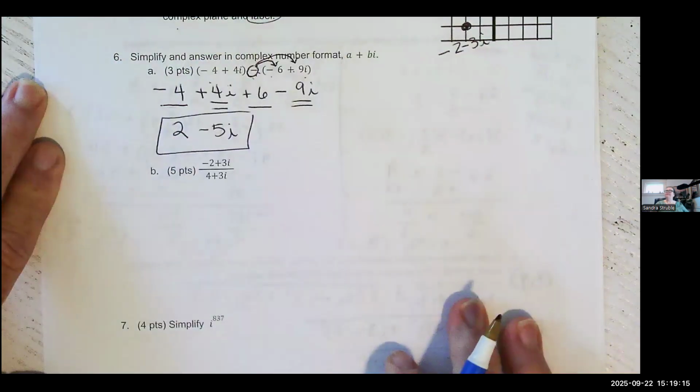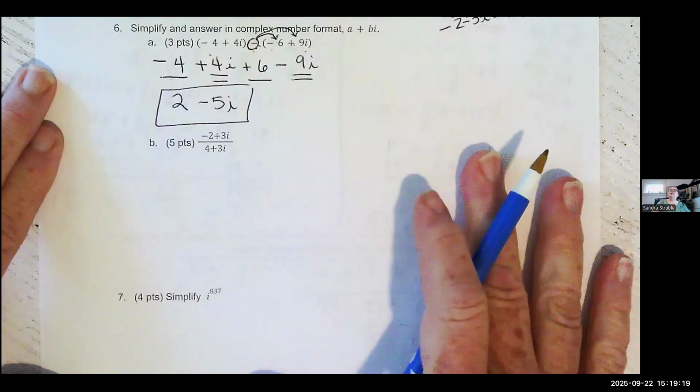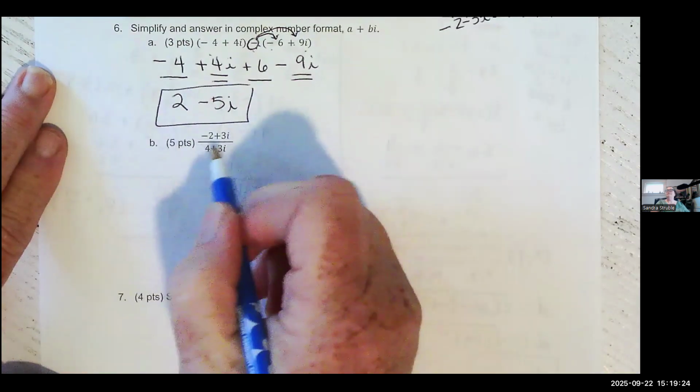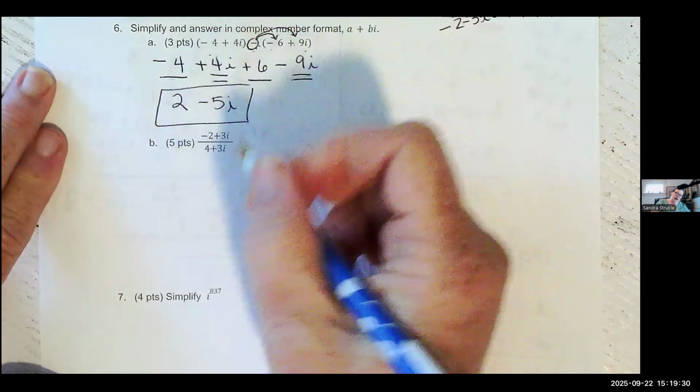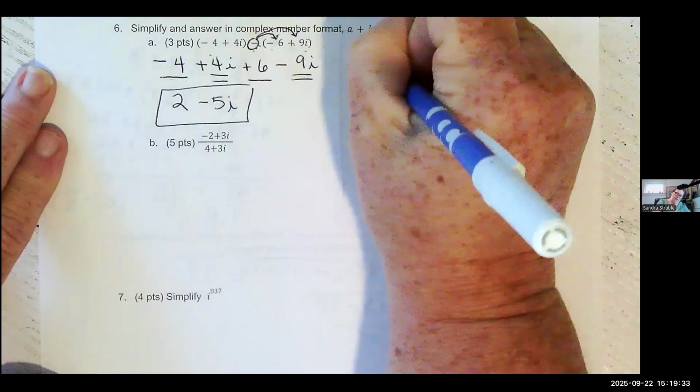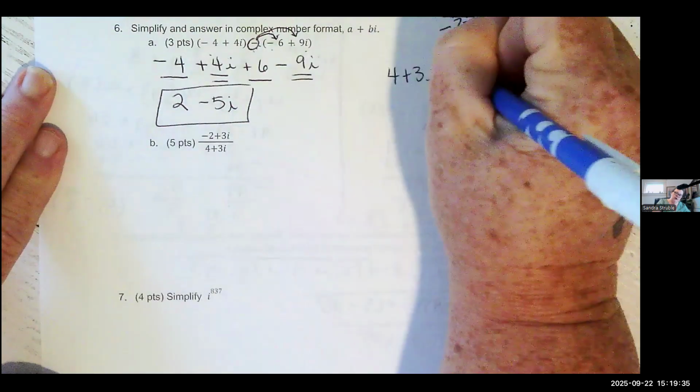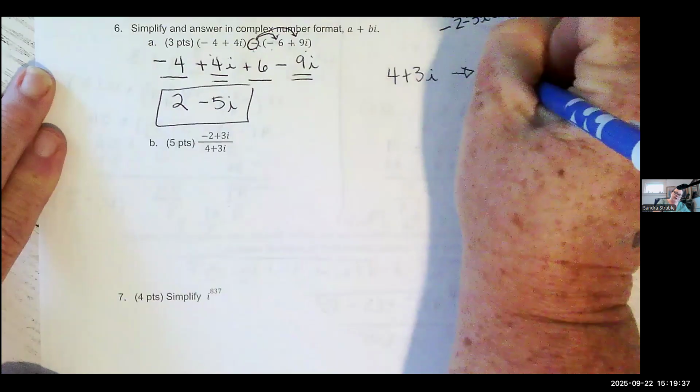I am done. The next one, you have to find the complex conjugate of the denominator in order to rationalize the denominator to where we have no imaginary numbers in the denominator, because we can't have that mathematically. So the complex conjugate of 4 plus 3i is 4 minus 3i.